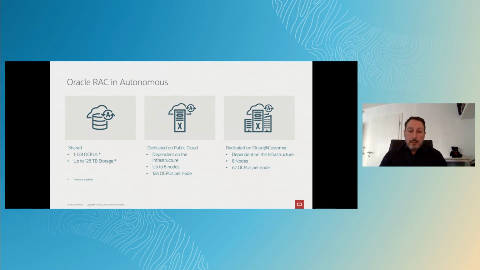So last but not least, dedicated on Cloud at Customer, you also get autonomous in the Cloud at Customer model, which can be smaller thanks to VM node subsetting and provides the same benefits to you on-premise with what an autonomous database can provide.